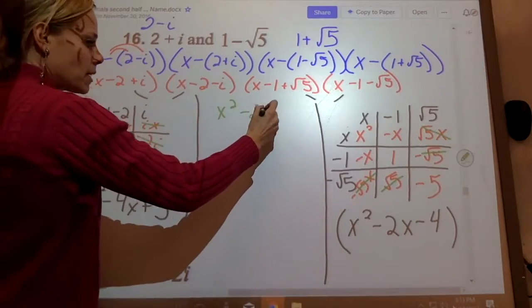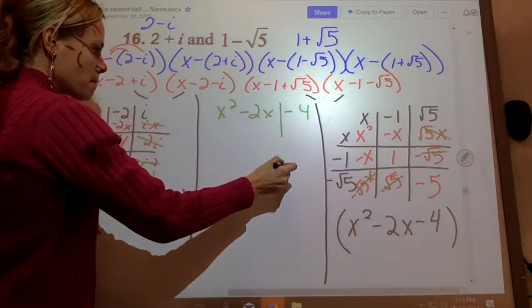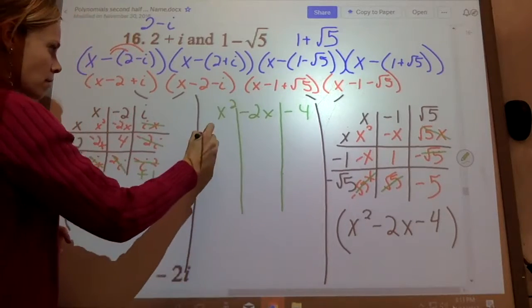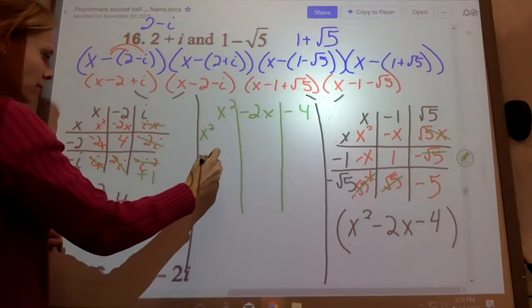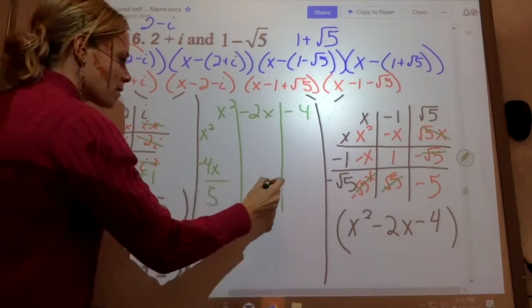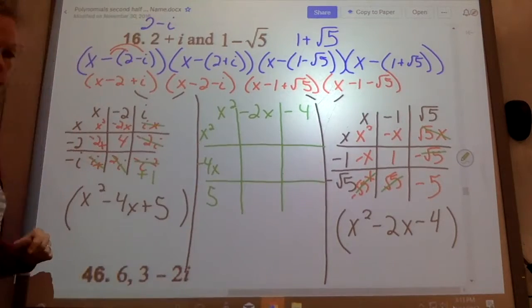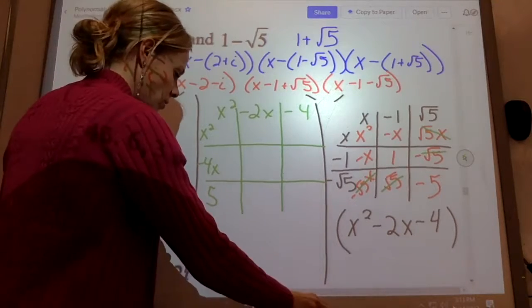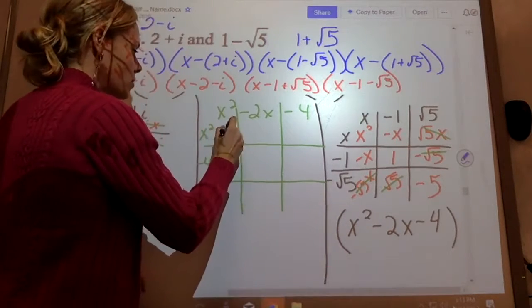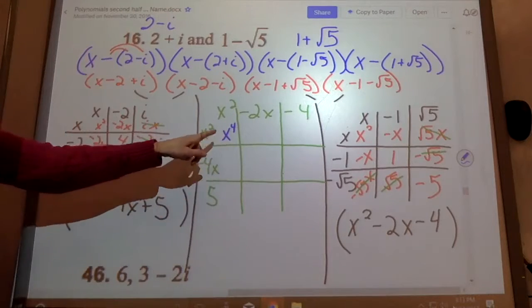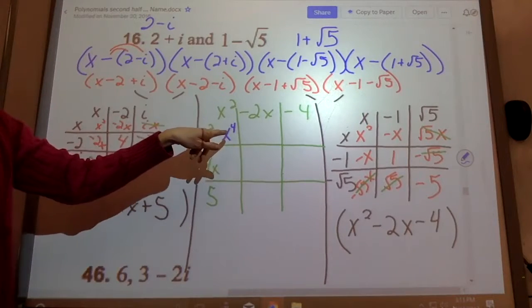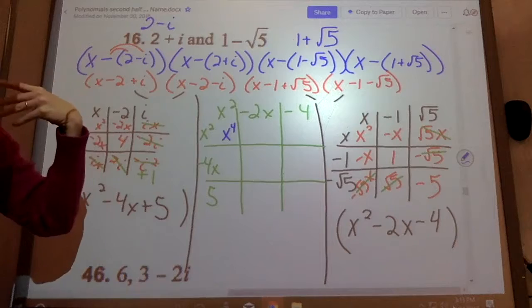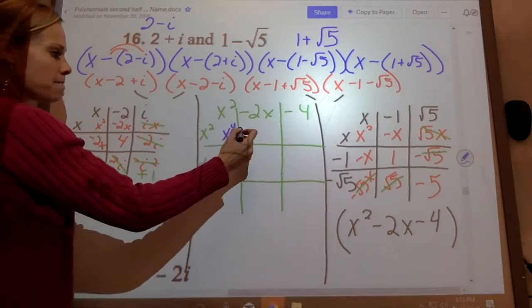So x squared minus 2x minus 4. x squared minus 4x plus 5. Right? And you should look at your first term here. This is where my x to the 4th degree is going to come. Because, right, 4 roots, I needed an x to the 4th degree polynomial. There it is. Keep multiplying.